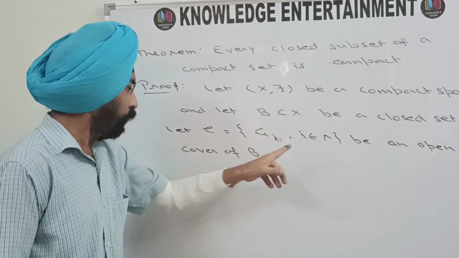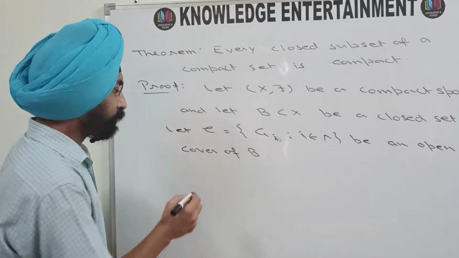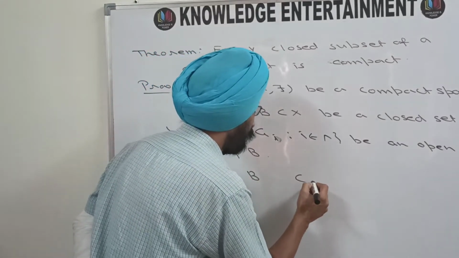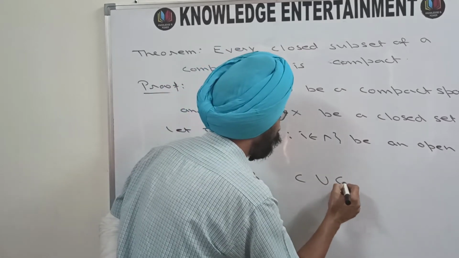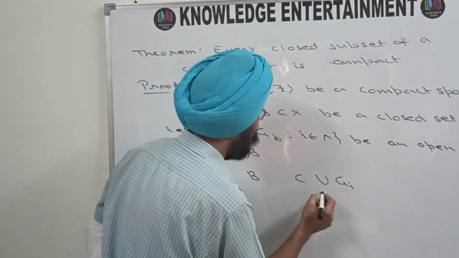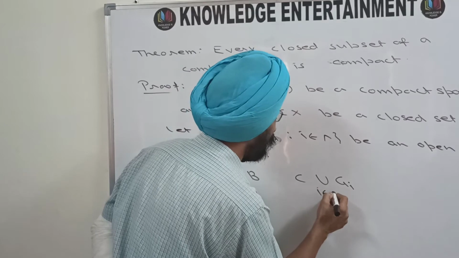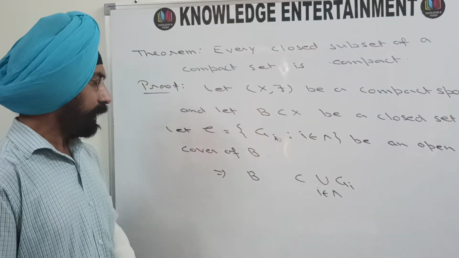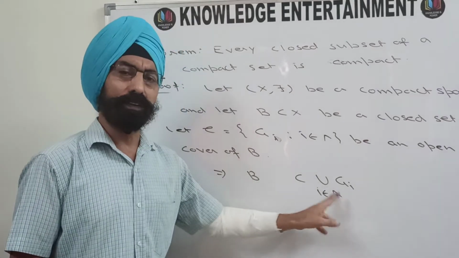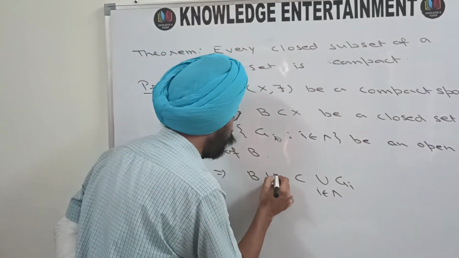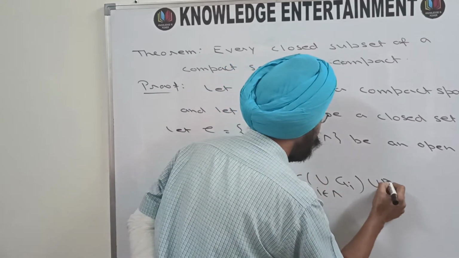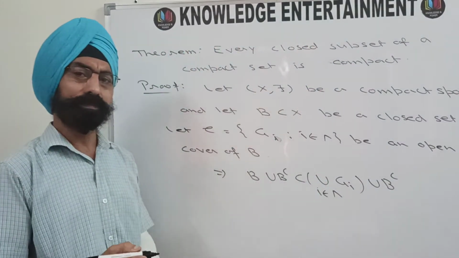C is an open cover of B, which means your B is covered by the union of members of this C. That means the union of Gi, i belonging to that particular family lambda. So if B is a subset of this, then B union B complement is a subset of this union B complement.